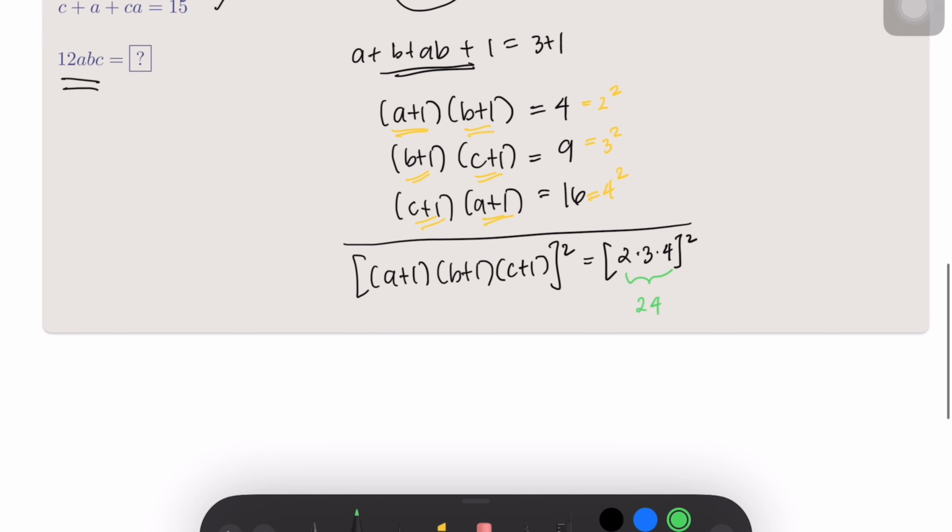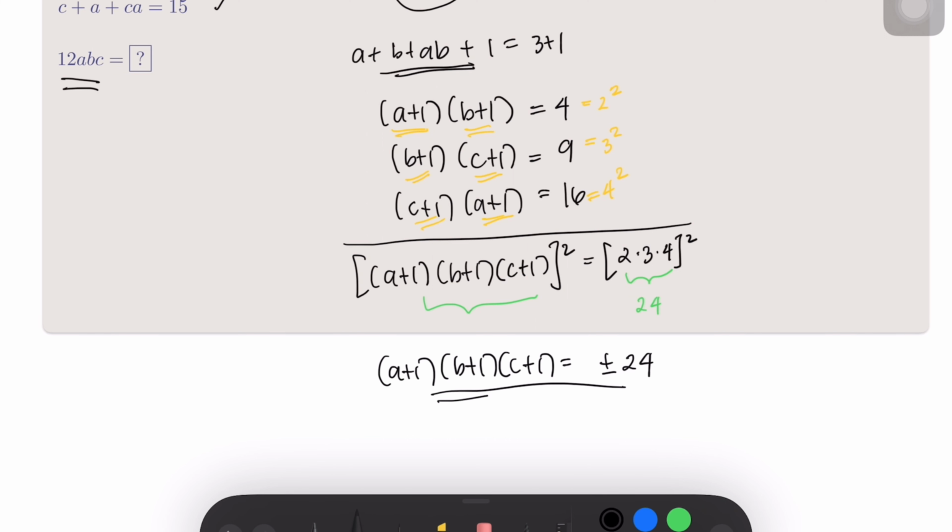Therefore, if we take the square root, we get a plus 1, b plus 1, and c plus 1 should give us plus minus 24. Note that we will consider two signs here because both positive and negative would give a square that is positive 24 squared.